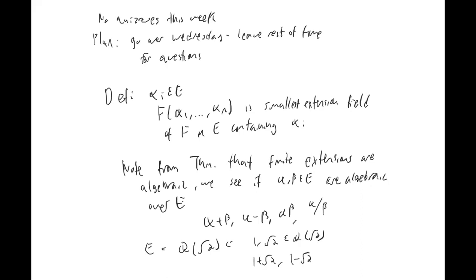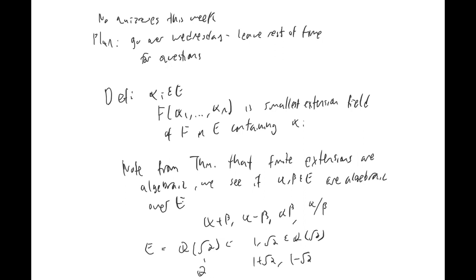A priori, all we did was join the root of x squared minus 2, so you might wonder, what about all the other elements there? Are those algebraic? It turns out they are. Is this clear from the theorem, or do you want me to explain it more?